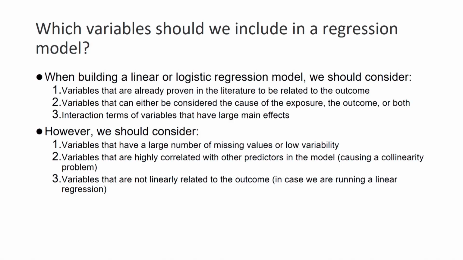Then variables that are highly correlated with other predictors, or we can say that we have independent variables that are correlated with each other. In the previous class we have seen that this is the case where collinearity occurs in multiple linear regression.